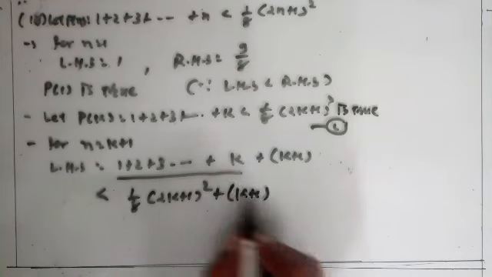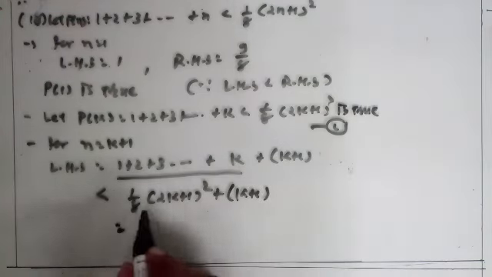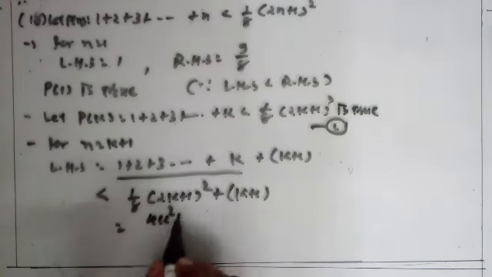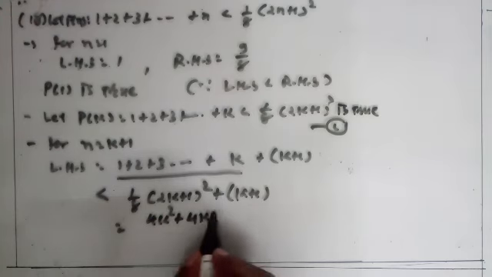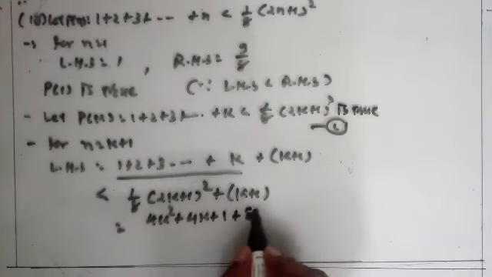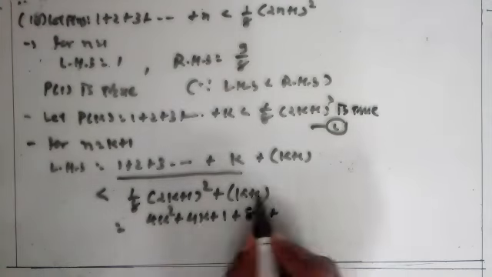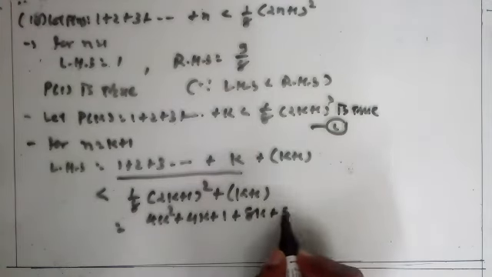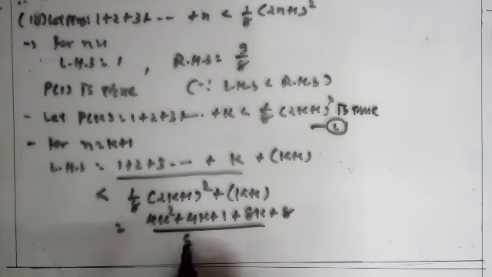Clear? Now simplify this. Take LCM 8 and expand (2k+1)², that is 4k² + 4k + 1, plus 8 take inside, so 8k + 8 into 1, that is 8 upon 8. Clear this? Now simplify this.